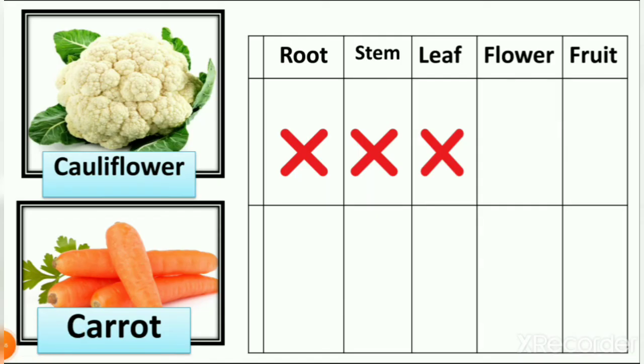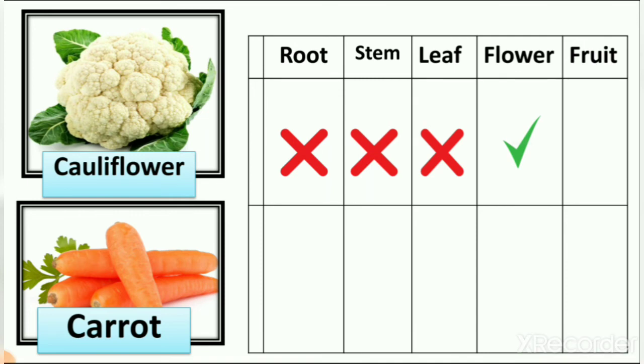When we learn about flower, rose flower, right? So we see that rose flower is covered with leaf. So here you can see cauliflower is also covered with leaf, right? So we put a right mark in flower.